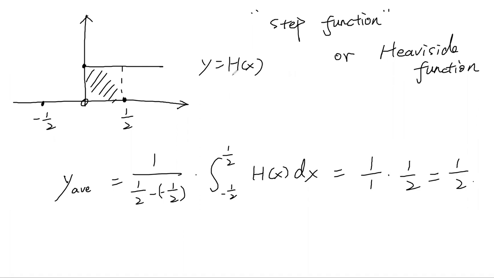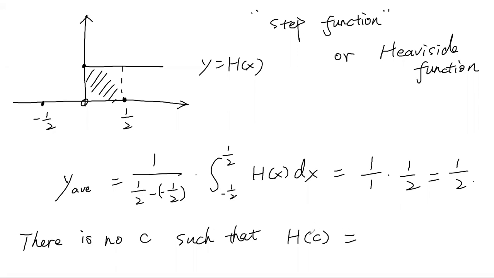The average value of this function is equal to 1/2, but because it's a step function, the function can only take either 0 or 1. So there's no c such that h of c is equal to y average.